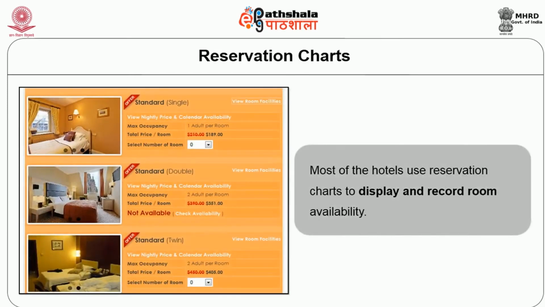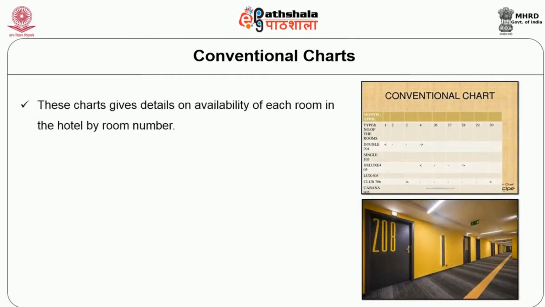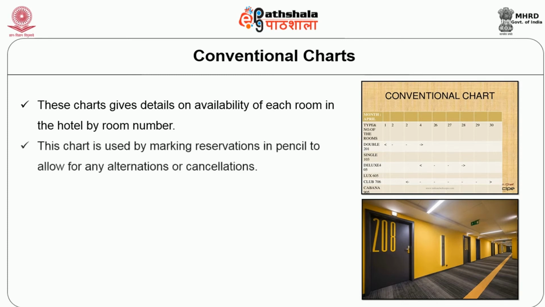Next is the reservation chart. Most hotels use a reservation chart to display and record room availability. There are 2 types of reservation charts. They are the conventional or traditional chart. These charts give details on availability of each room in the hotel by room number.